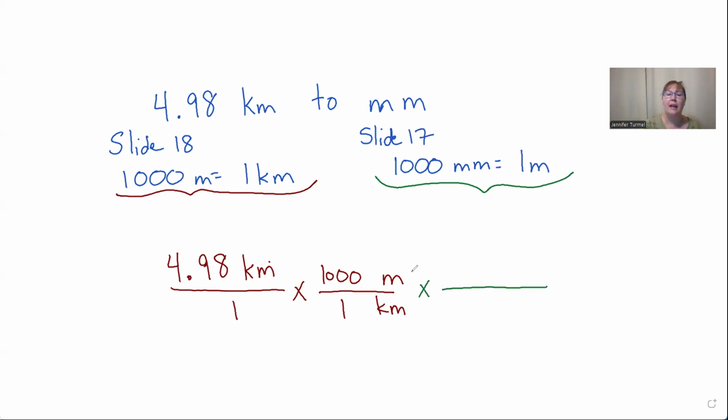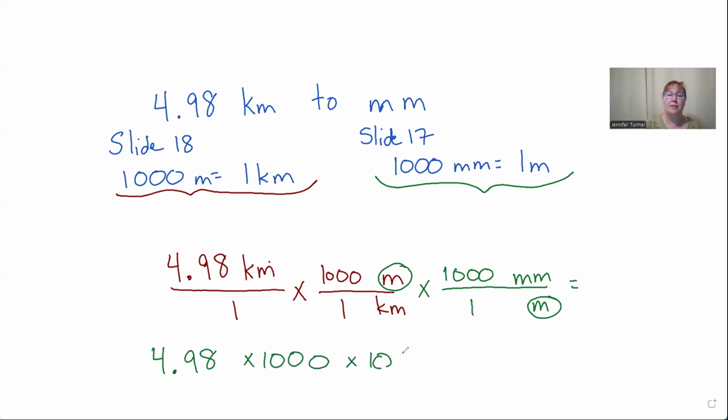We've got meters on the top, so we need to put the meters on the bottom here, and millimeters on the top. From this, we can see that there are 1,000 millimeters in 1 meter. Doing this on our calculator, we have 4.98 times 1,000 times 1,000. What we will get out of that is 4.98 times 10 to the 6th millimeters.